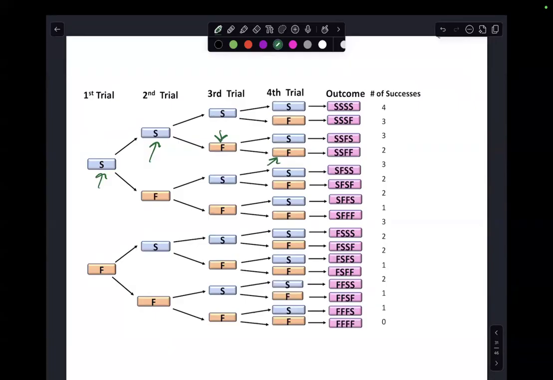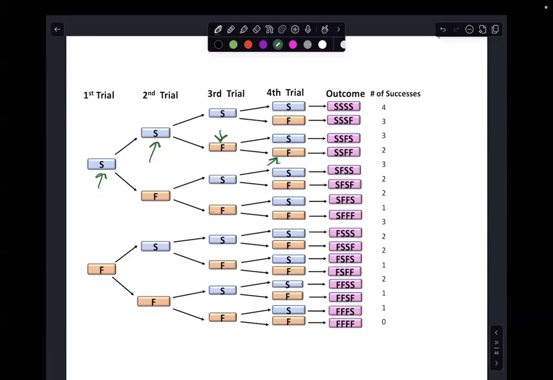I could have all four successes. I could have three successes in a row, then a failure. I could have two successes, then a failure, then a success. So remember when we were talking about flipping coins, I could have heads, tails, or I could have tails, heads. Those are two different things. Or rolling two dice. 3, 4 is different than 4, 3.